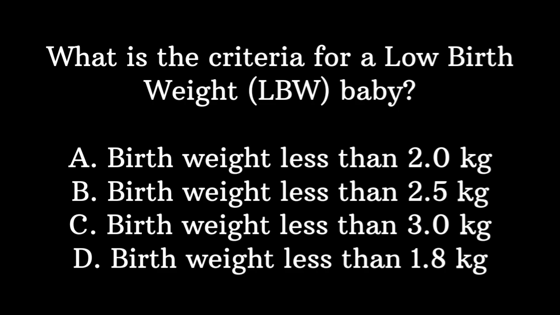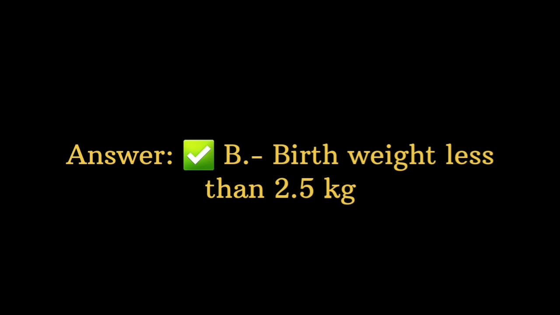Question: What is the criteria for low birth weight baby? Options: A. Birth weight less than 2 kg, B. Birth weight less than 2.5 kg, C. Birth weight less than 3 kg, D. Birth weight less than 1.8 kg. The correct answer is option B, birth weight less than 2.5 kg.